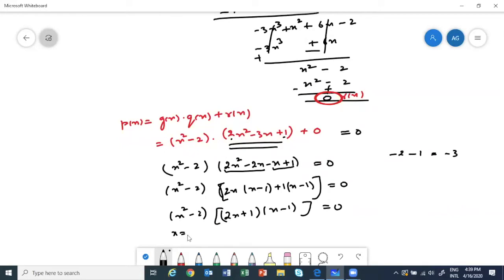Already from x square minus 2, we had root 2 and minus root 2. From here, we'll get 2x plus 1 equal to 0 or x minus 1 equal to 0. So x equal to minus half and x equal to 1. See, so we could find all the zeros.